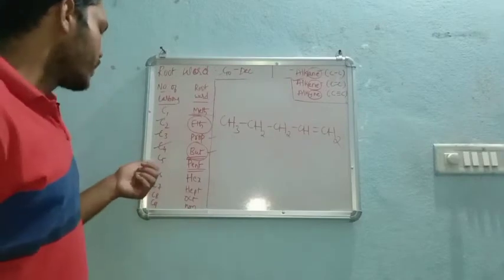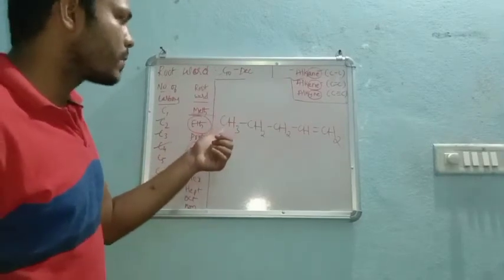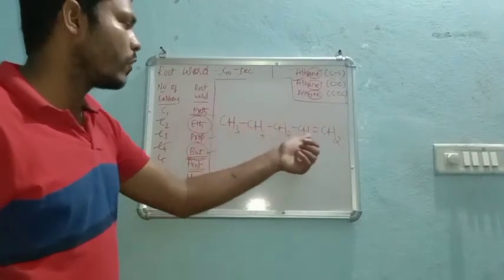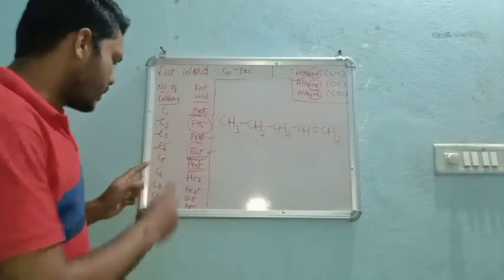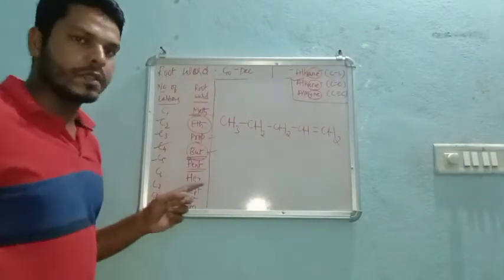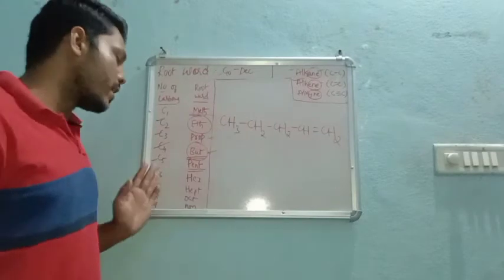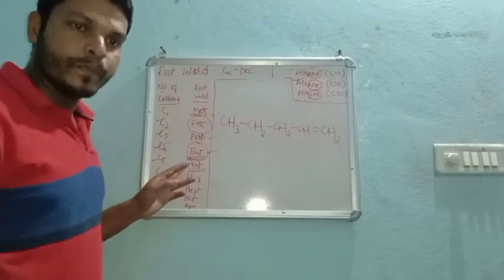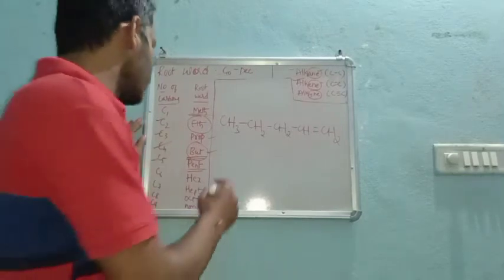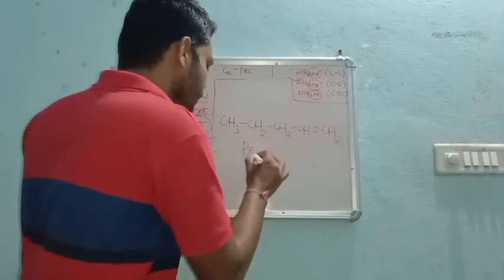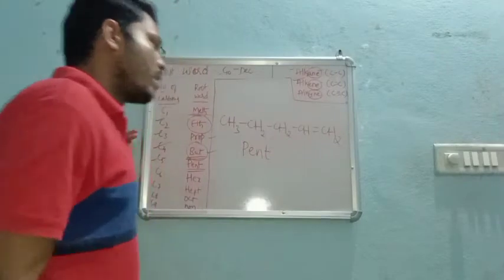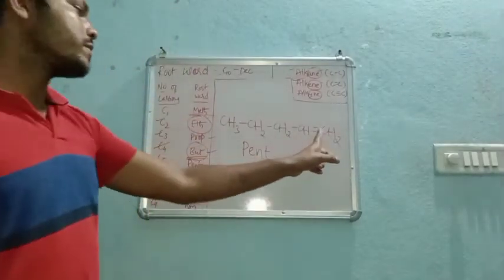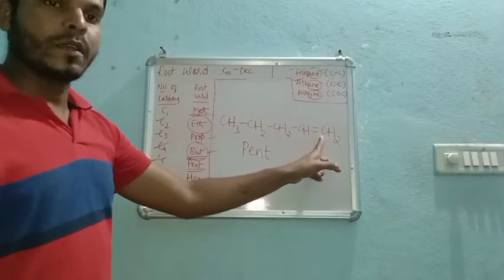Directly we will go. How many carbon atoms are present? 1, 2, 3, 4 and 5. Thus there are 5 carbon atoms. Because of the presence of 5 carbon atoms, what type of prefix do we have to use? We have to use the prefix pent. Now because there is a presence of a double bond, right?